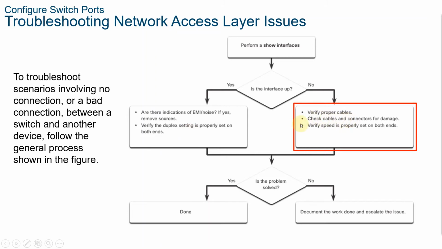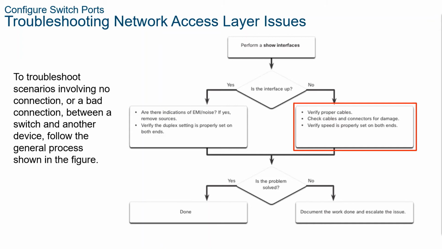Let's start with this area here. We use the show interface command to check the interface status. Is the interface up? No, so that means the interface is down. We need to make sure that the proper cables are being used. Additionally, check the cable and connectors for damage. If a bad or incorrect cable is suspected, replace the cable. If the interface is still down, the problem may be due to a mismatch in speed settings.